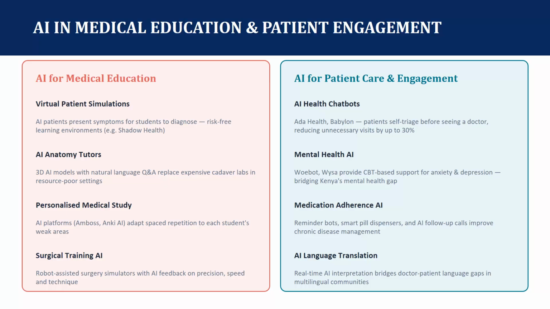Instead of having so many nurses around, once it knows that all the things that are needed have been assembled, it's able to conduct that surgery completely within a short period of time, just like the real doctor, a human who is there. So robot assisted surgery simulators with AI feedback on precision, speed, and also technique.